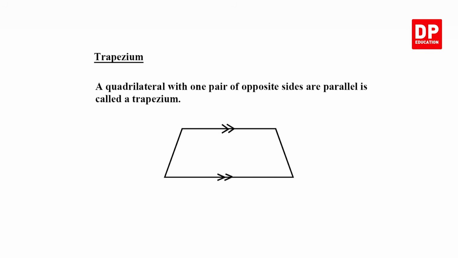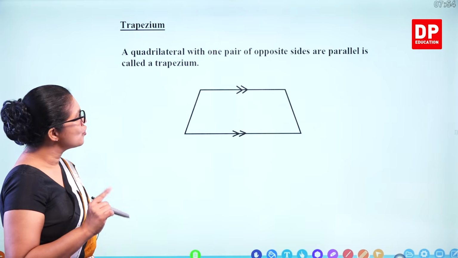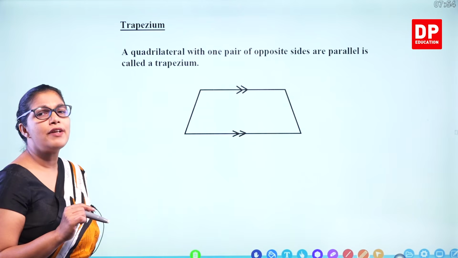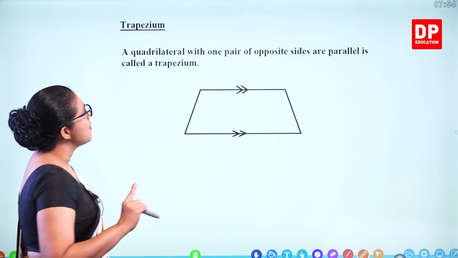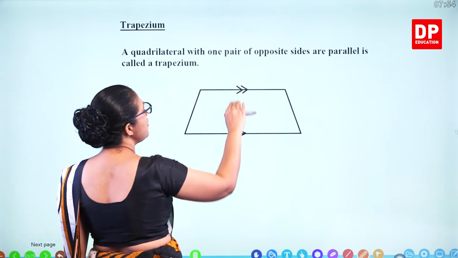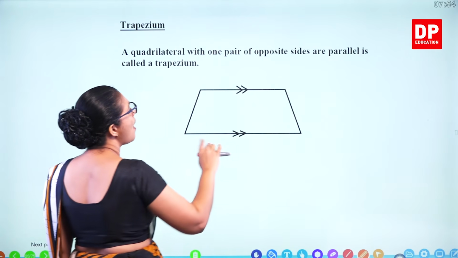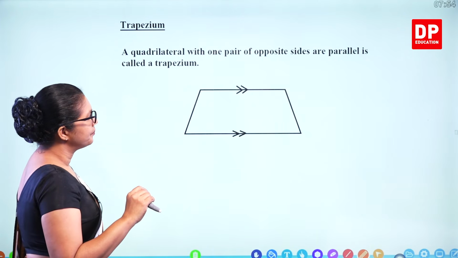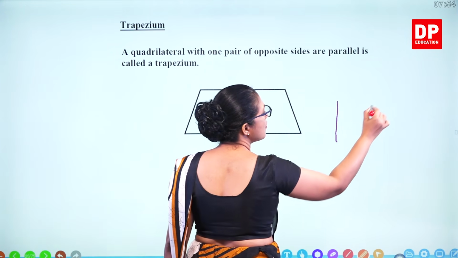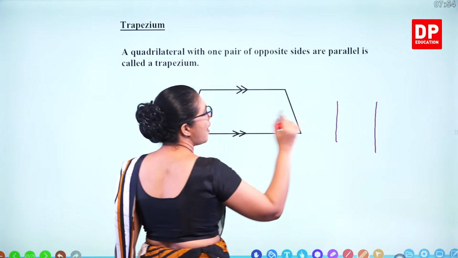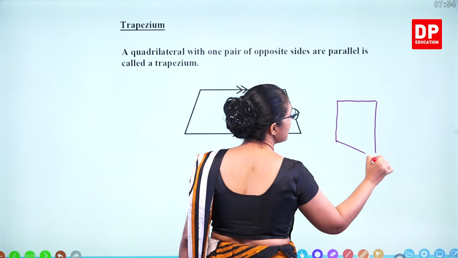Now we'll look at what a trapezium is. So a trapezium is also a quadrilateral. 4 sides are there. So the only property is one pair of opposite sides are parallel. So remember, only one pair is parallel. So you can get something like this.